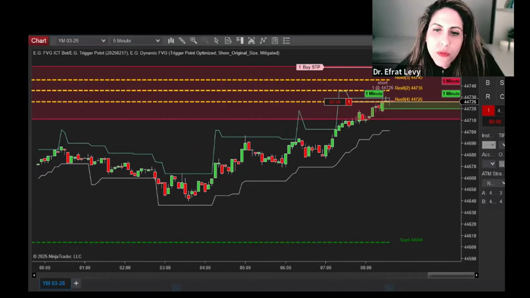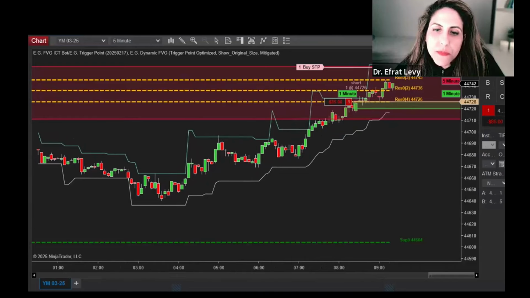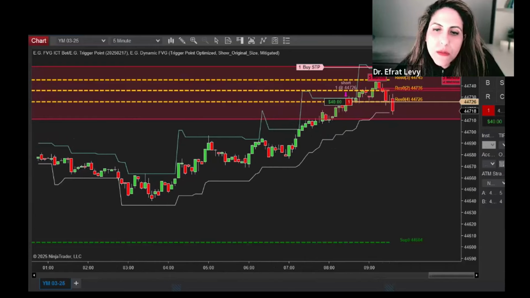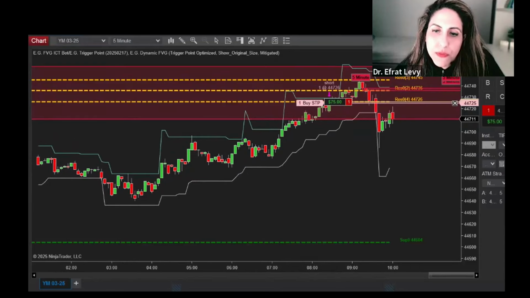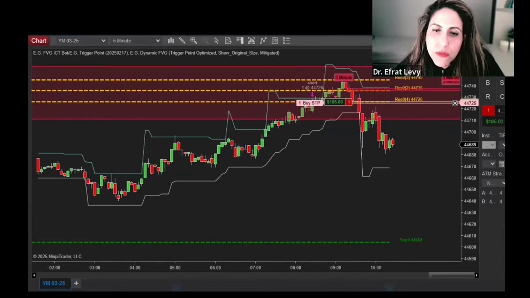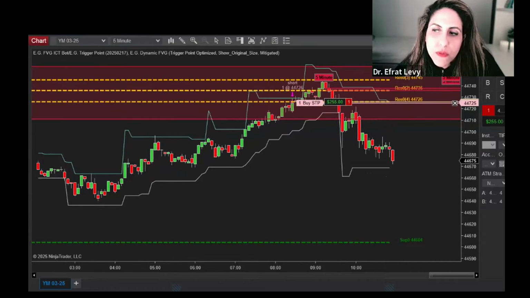Order submitted. So it placed a pending order on the trigger point, 30 tick stop loss. That's the only market data we have. So it was green today, at least.